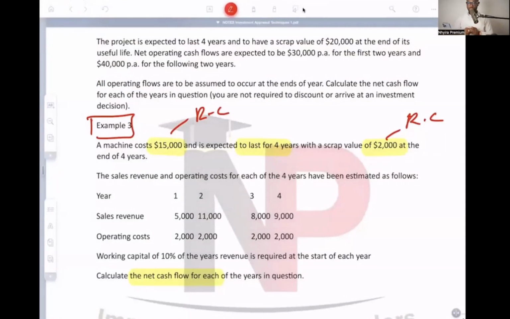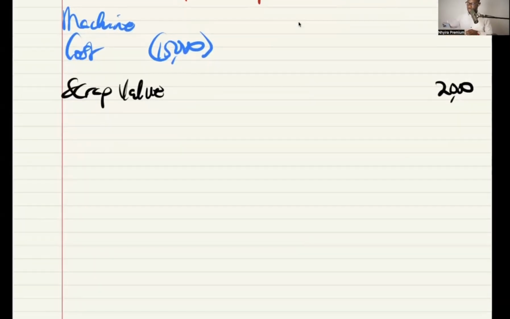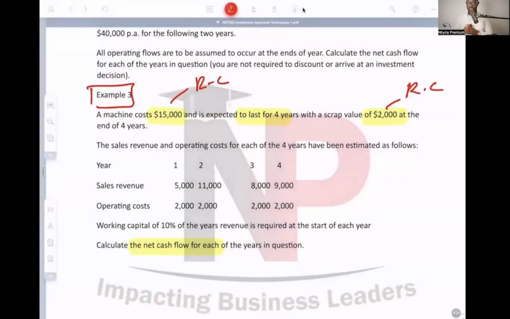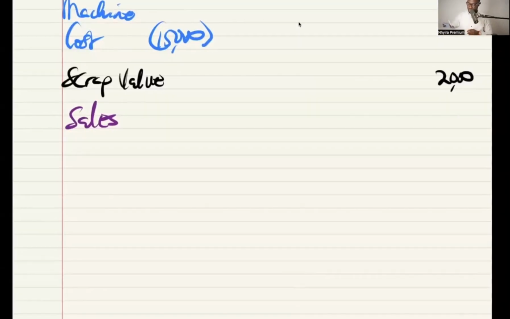The sales revenue and operating cost for each of the 4 years has been estimated as follows. So we see the sales revenues, so we bring it up. So sales, and that is respectively 5,000, 11,000, 8,000, and 9,000.